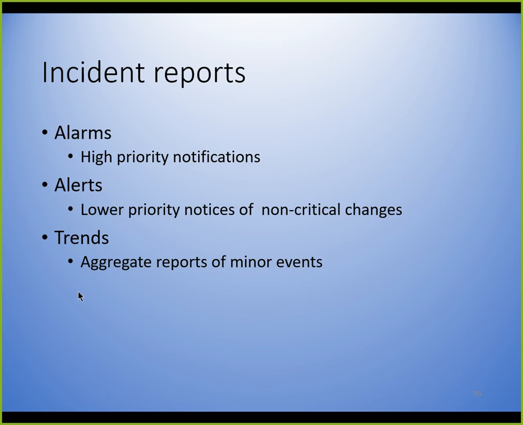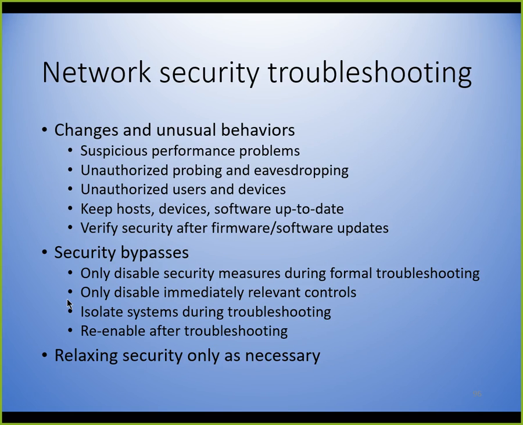But trends, as bandwidth increases over time, what's causing it? Look at trends. Trends can tell you an awful lot about what's going on your network. And then security, troubleshooting, things to look at. Changes in unusual behavior.